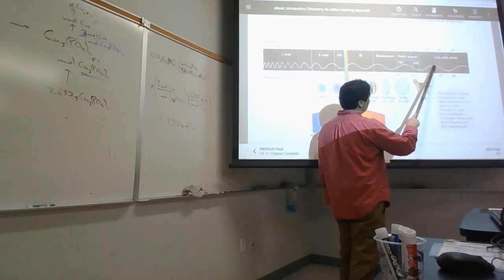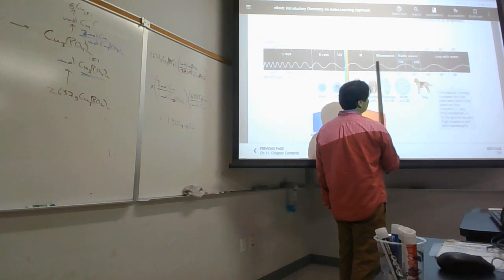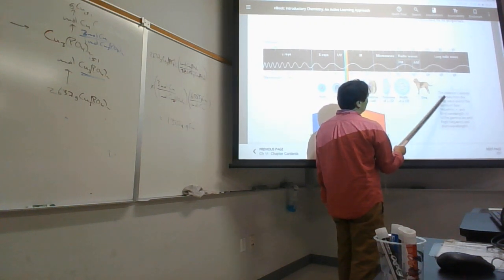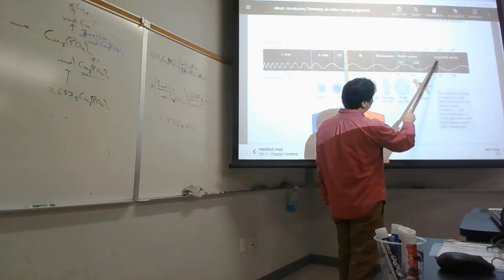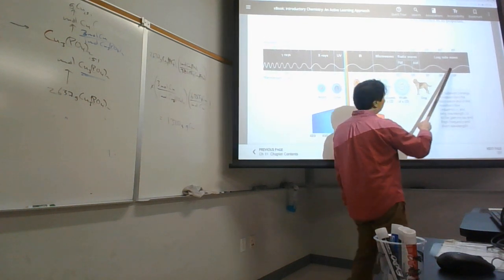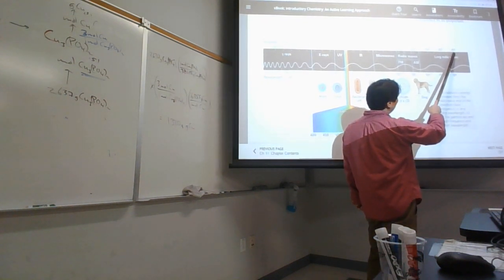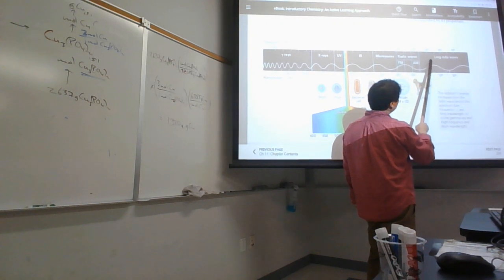So that would be 1 cycle. Long radio waves have frequencies of about 1 cycle per second to, let's say, 10,000 cycles per second.